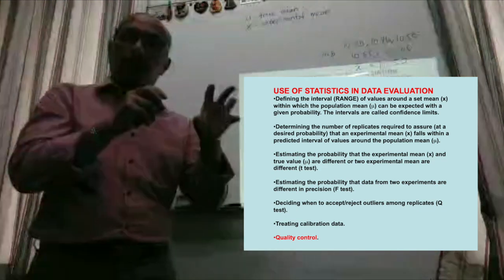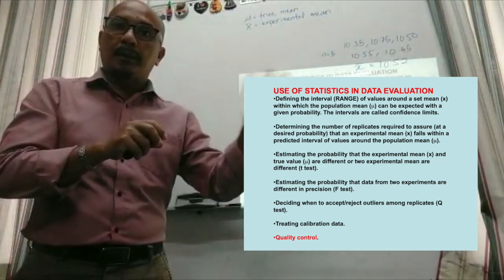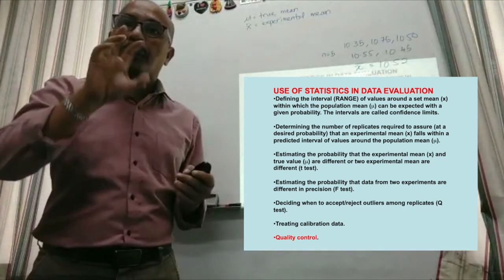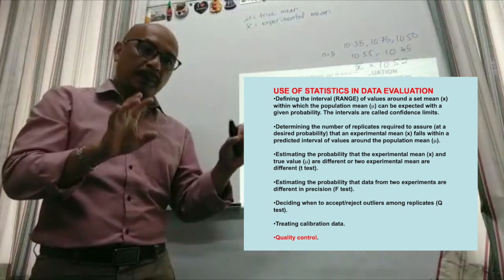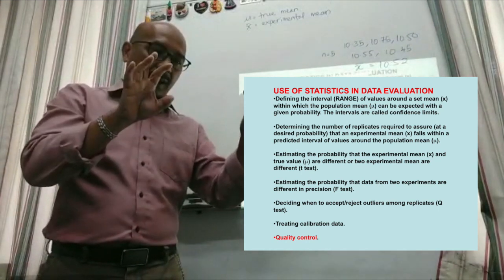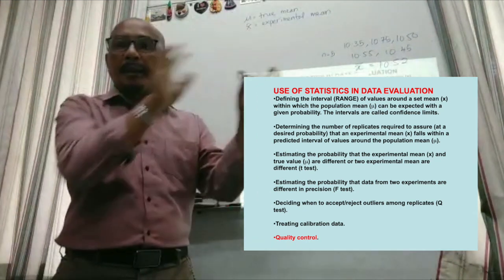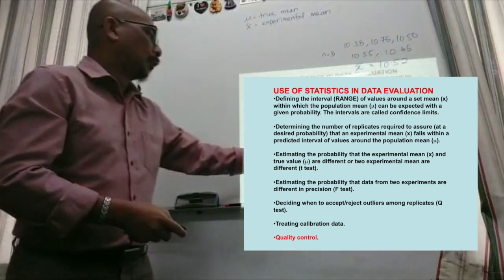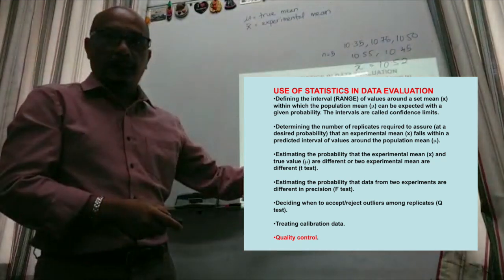Also we want to check, if we develop a new method, method A, and another new method, method B, which of these two methods is more precise, or whether the precision is equal to each other. This is done by using statistics. We call it the F-test.